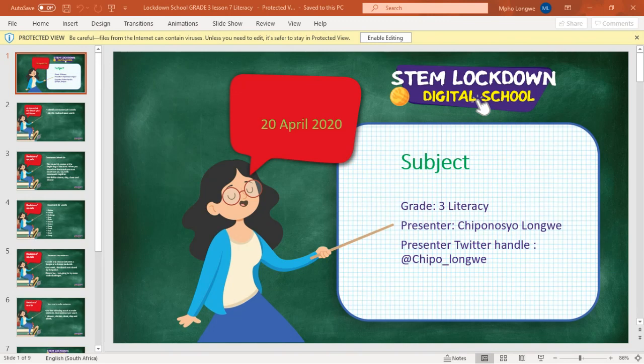Chicken, cheese, challenge, chair, chain, choose, choice, cheer, cheek, chat, cheat, cheap.